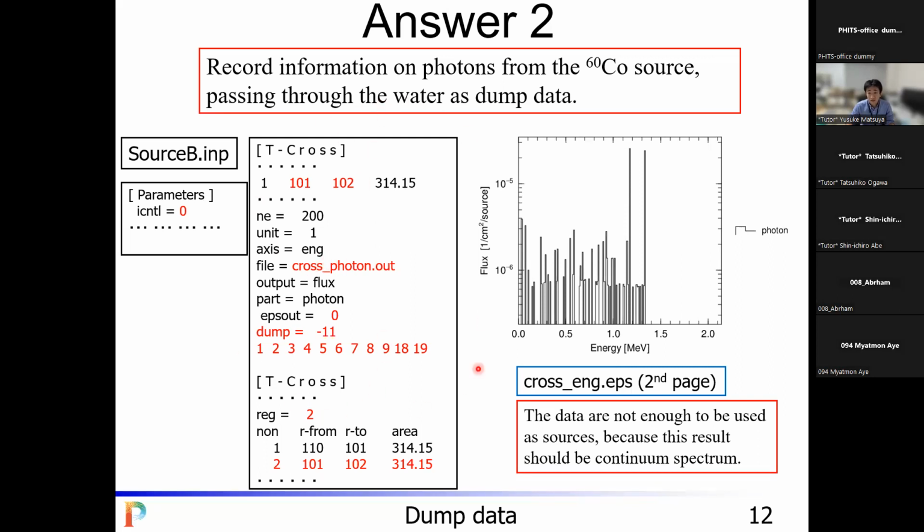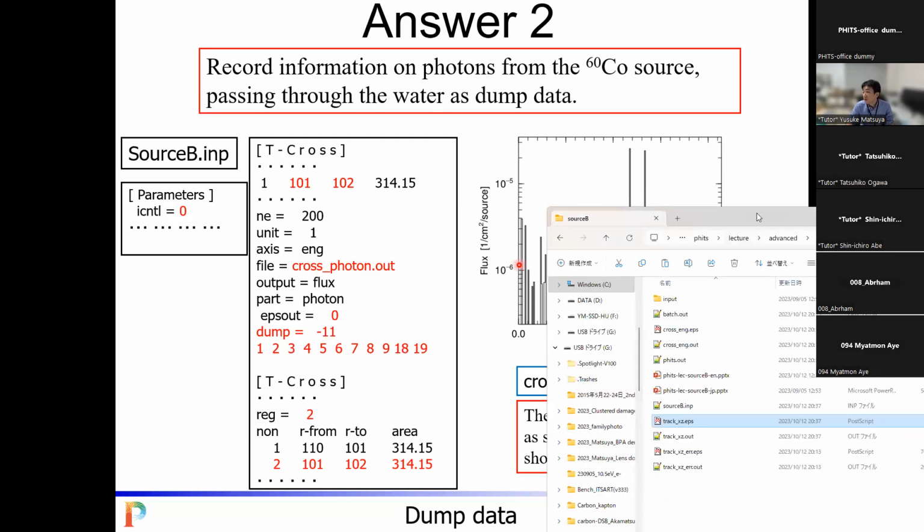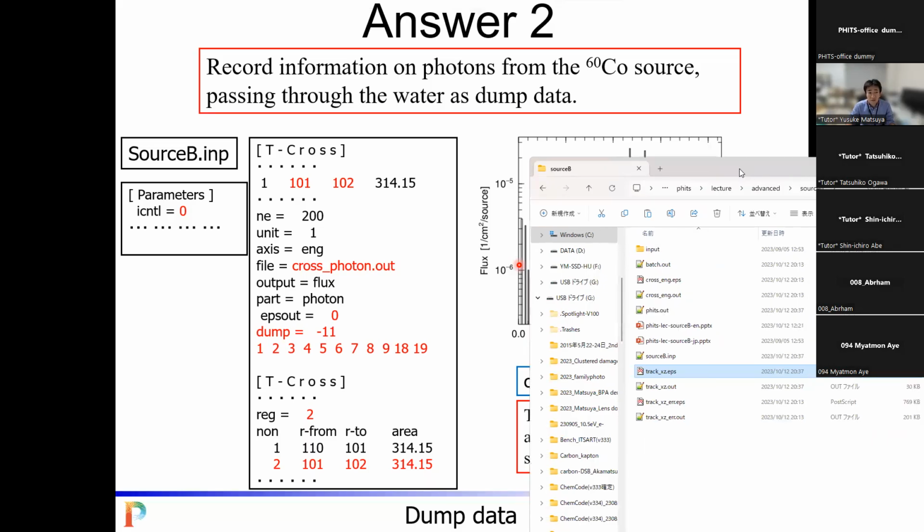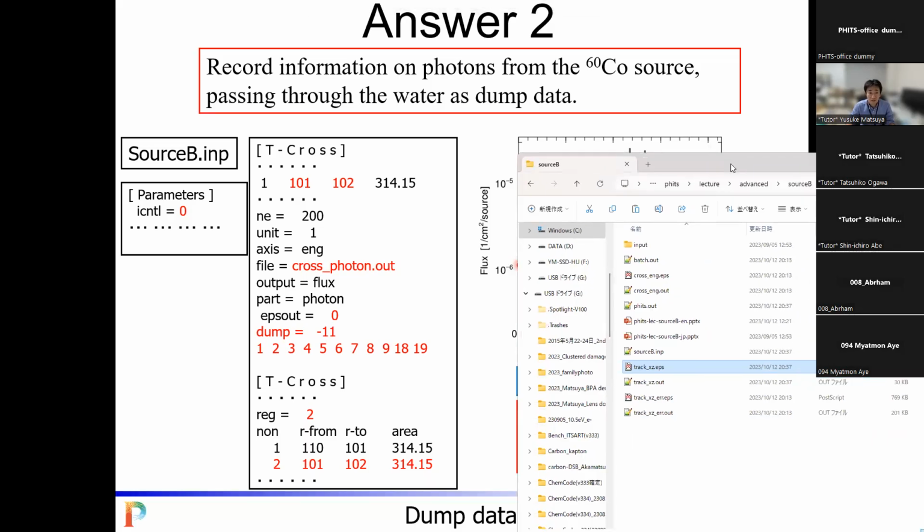So seeing this answer, let's do this exercise with me. So where is my folder? Oh, I found it. Okay, so first step. The easiest step is changing the I control parameter into 0 in the parameter section.